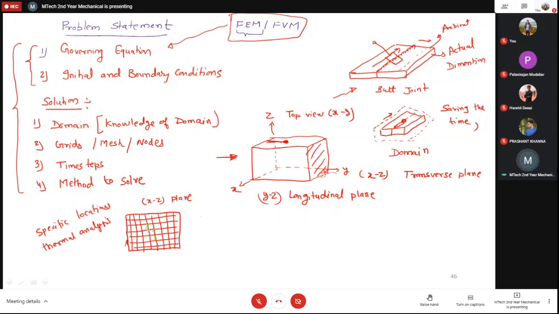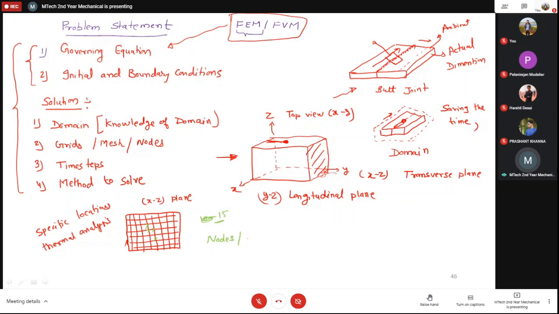Likewise, we need some 10 to 15 points, let's say 15 points will be required for thermal analysis. Okay, so these specific 15 points are known as nodes, and this meshing is also known as the mesh points or grid points. This will give us the information about the specific locations on which we'll get the answer.